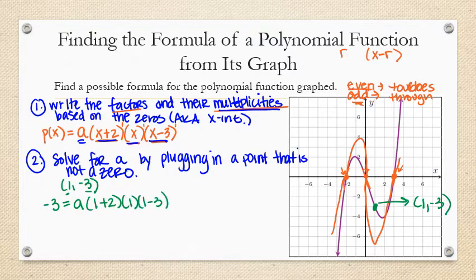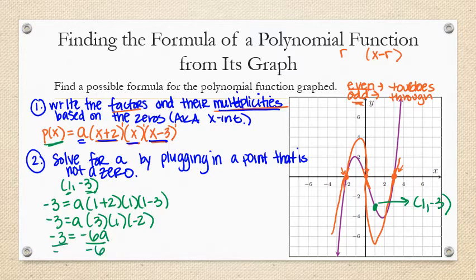Anywhere I saw an x, I replaced it with a 1, and the output, which again is p of x, I replaced it with a -3. Now I'll just simplify. So I get -3 equals a times 3 times 1 times -2. -3 equals -6a.